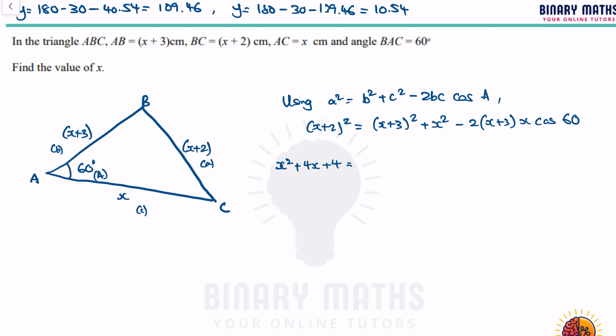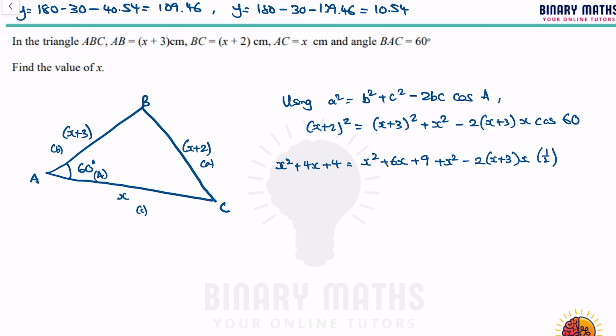If I expand x plus 3 squared, I get x squared plus 2 lots of 3x, which is 6x, plus 3 squared, which is 9, plus the x squared, minus 2 lots of x plus 3 times x times cosine 60, which is a half if you put it into your calculator.